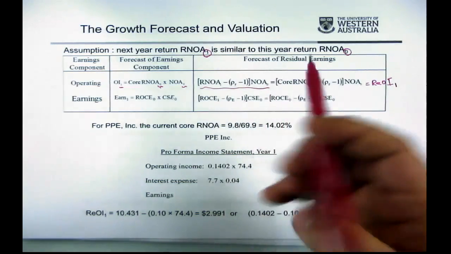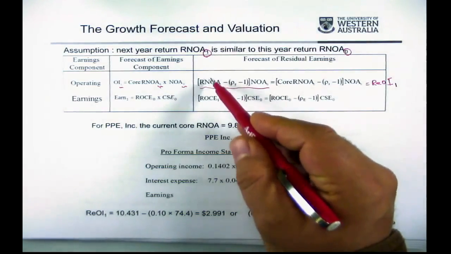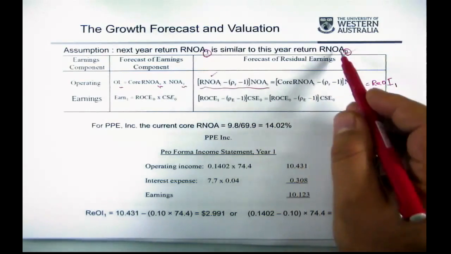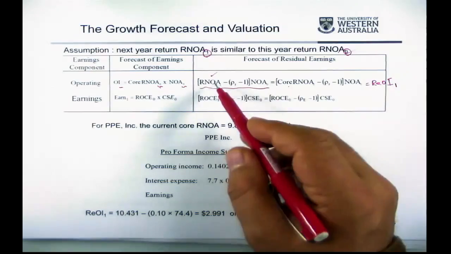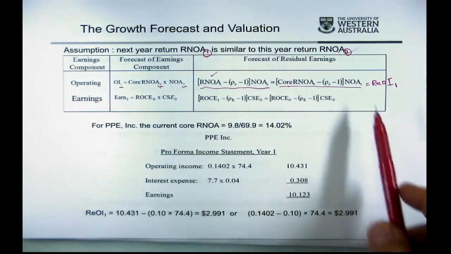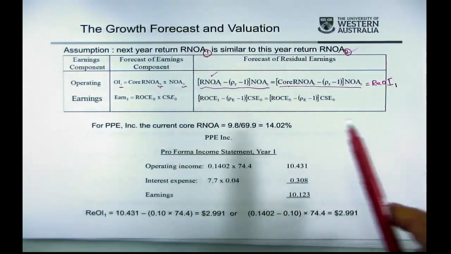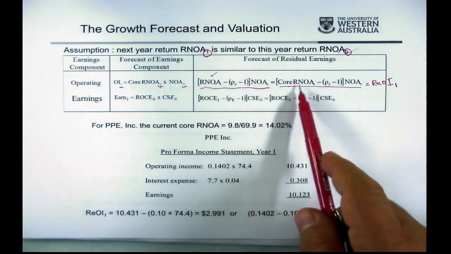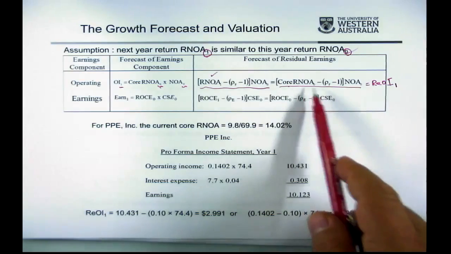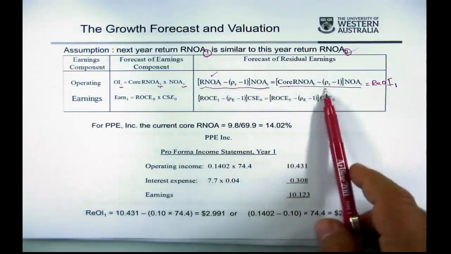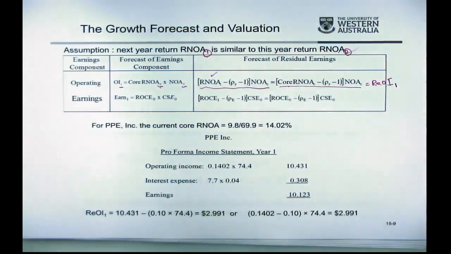However, if we assume that the return in year one will be similar to that in year zero, we plug it in here and end up with this formula. So the residual operating income in year one is equal to the current return on net operating assets minus the cost of capital, and the difference is multiplied by the current net operating assets.